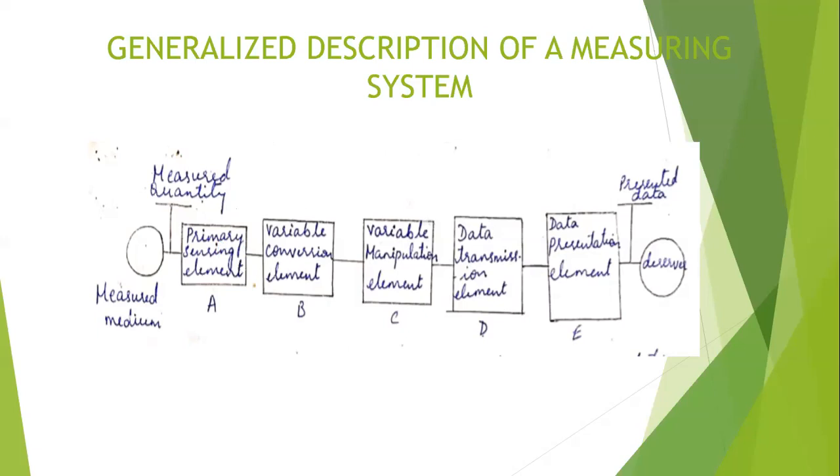Next, the very first block in the diagram is the primary sensing element. With respect to weighing 3 kgs of sugar, what is the first function? You fill the cover with sugar that may be more or less than 3 kgs, and place it on the platform or base provided in the weighing machine.